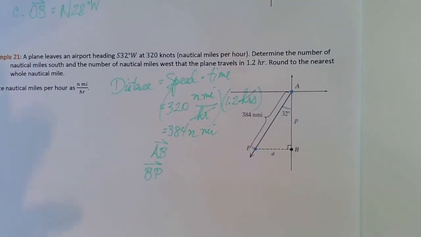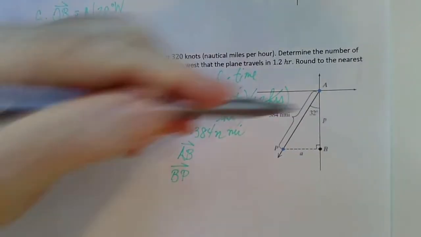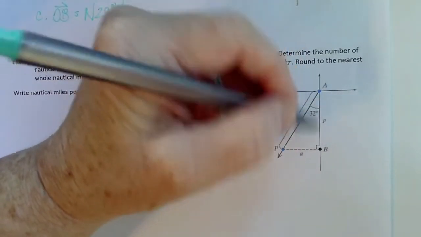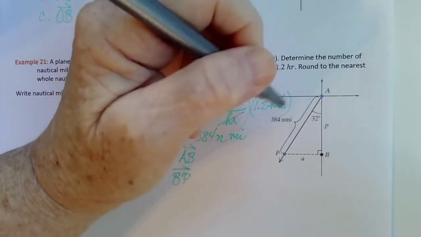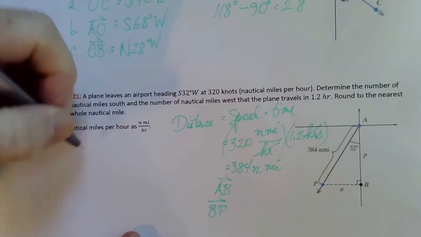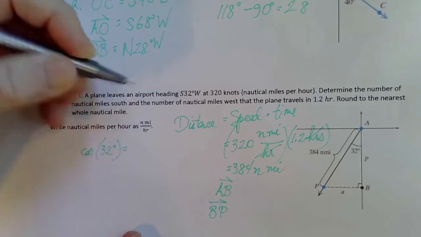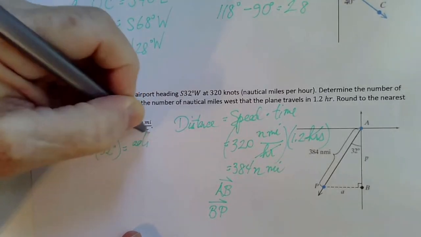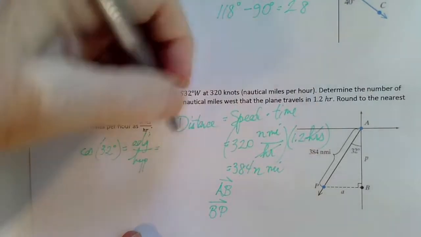So let's see. We've got an angle here at the top. AB is adjacent to 32 degrees, and I know the hypotenuse. So cosine of 32 degrees, that's going to be adjacent over hypotenuse. Adjacent is AB.